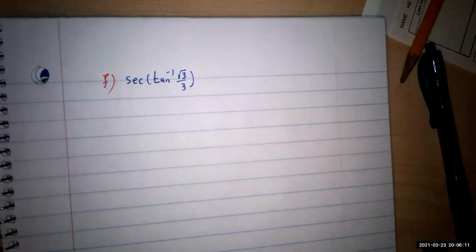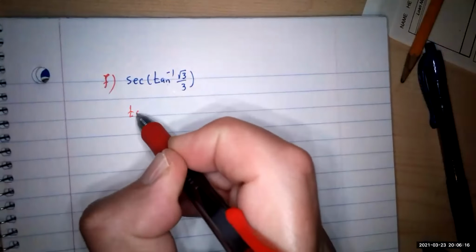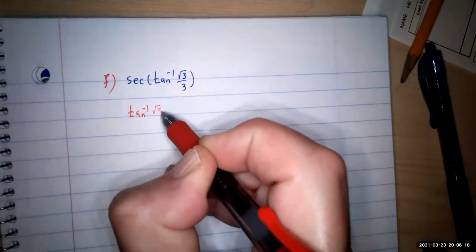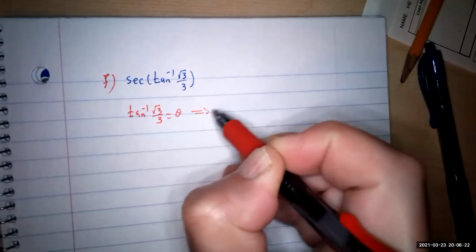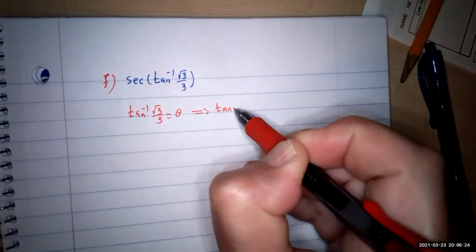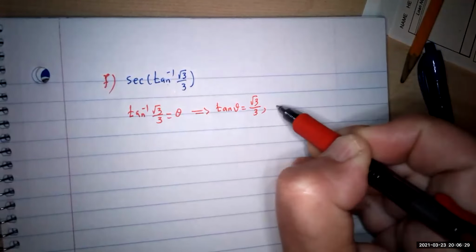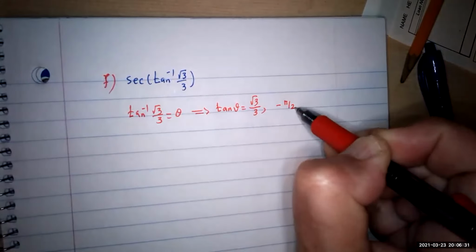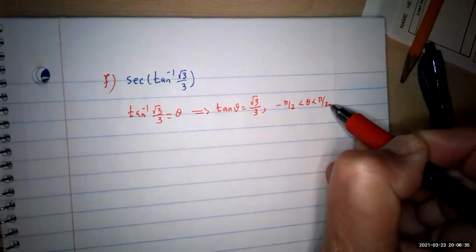So we start with this one. We start with the fact that the tan inverse of radical 3 over 3, we call it theta. We switch, so that gives us the tangent of theta equal to radical 3 over 3, and you want it between negative pi over 2 and pi over 2. It's a positive number.